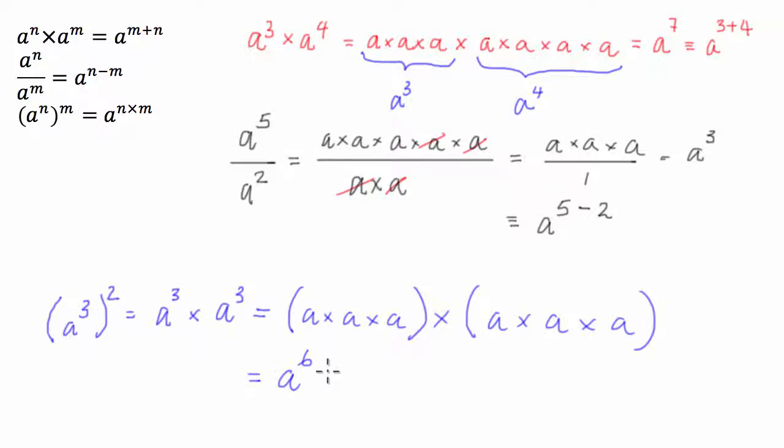So this is also the equivalent of a to the 3 times 2. So that's why when we have brackets to the power of something, we have to multiply into the bracket.